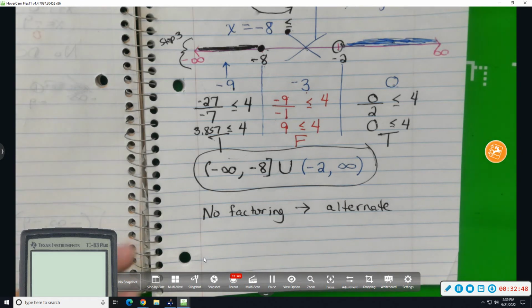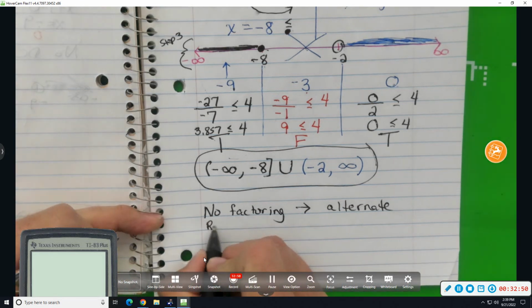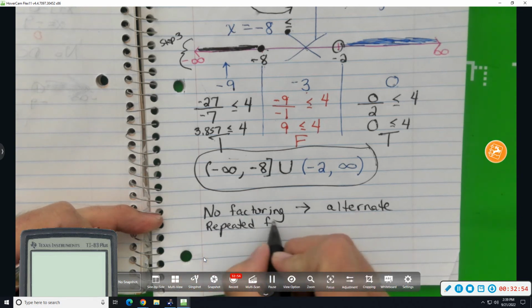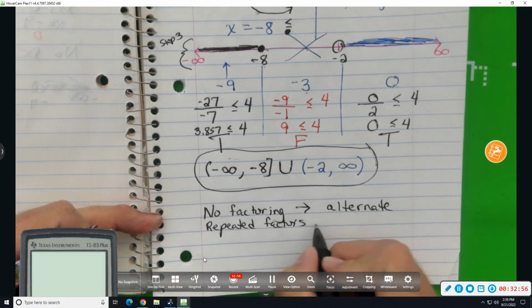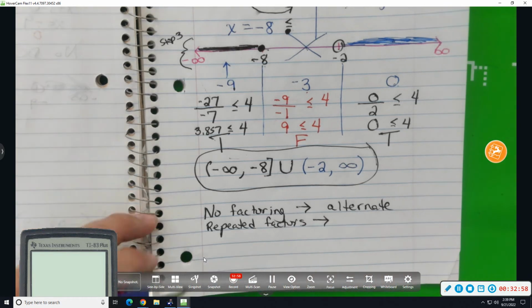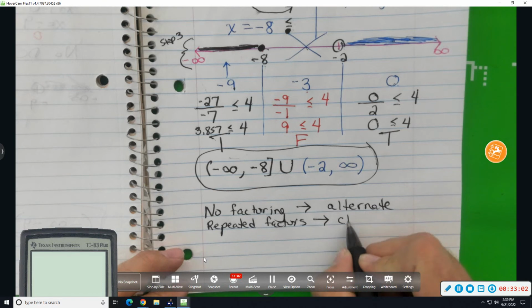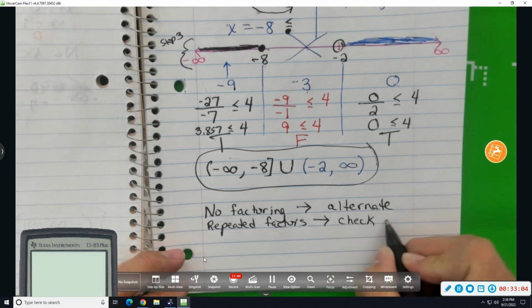If you have to factor, only if there's repeated factors do you have to get concerned that maybe it isn't going to alternate and you need to just check every interval.